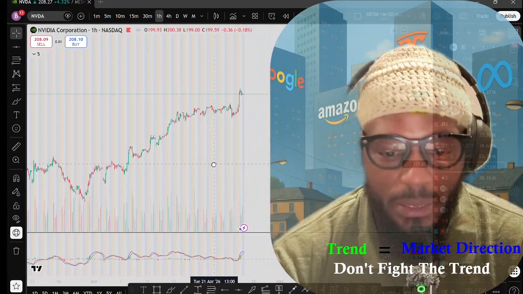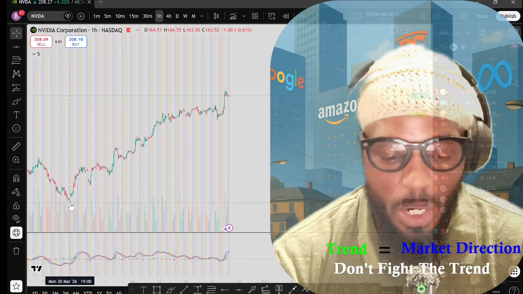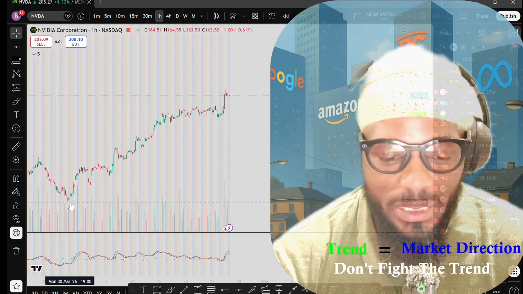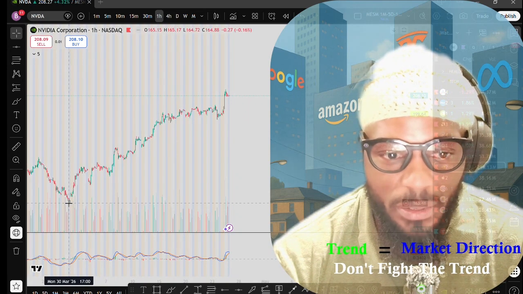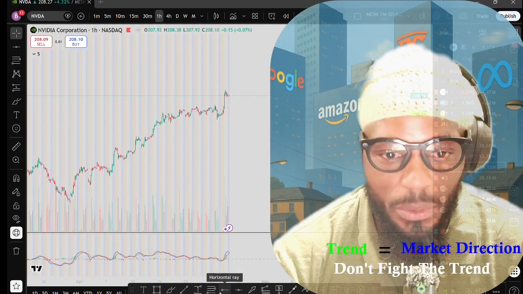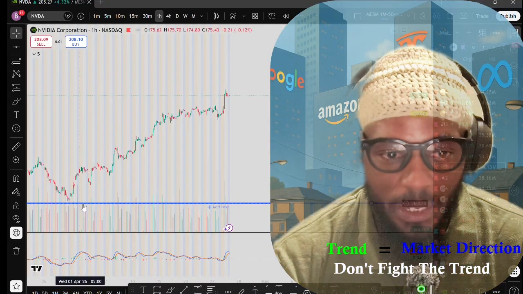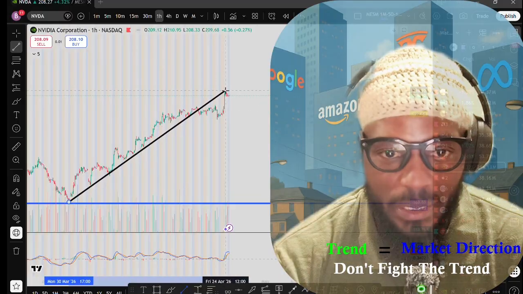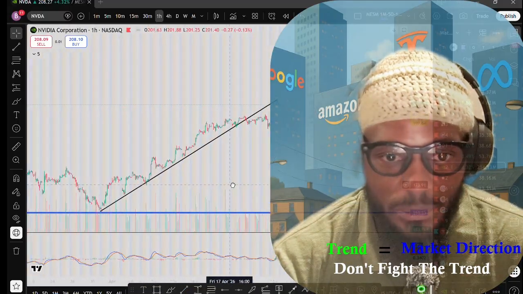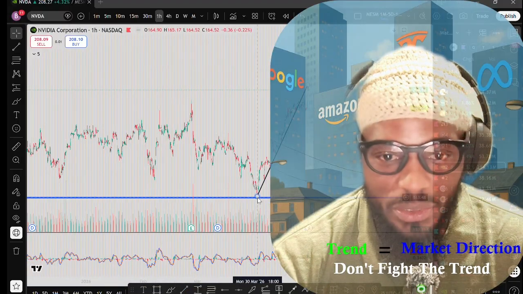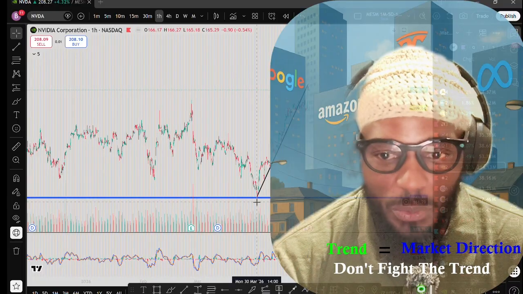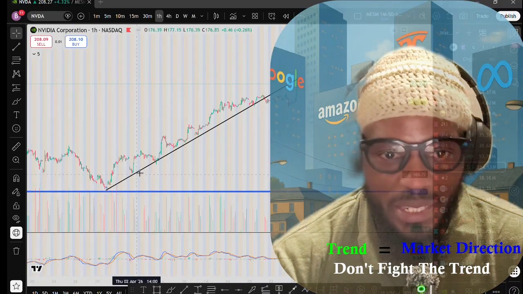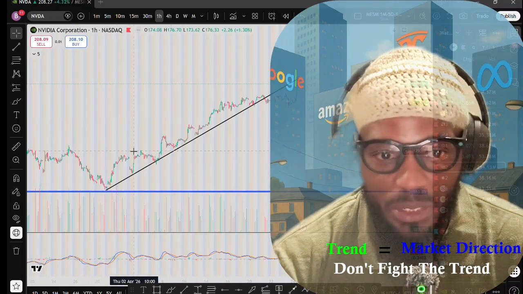As you can see here, from Monday, March 30th, 2026, this was the lowest point for NVIDIA. So we mark our lowest point right here with a support level. Then we take a line and mark it up to the current price level. NVIDIA was at a low of 163. From then, it has been going up, making new highs.